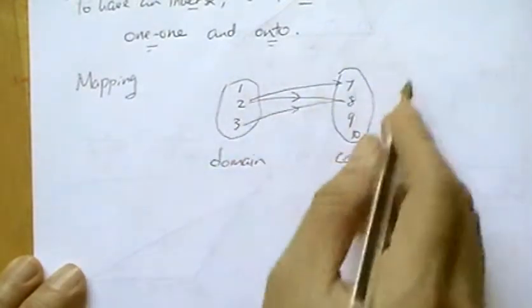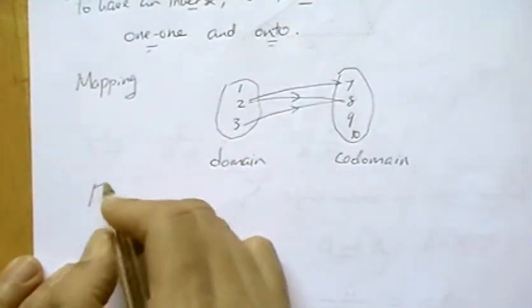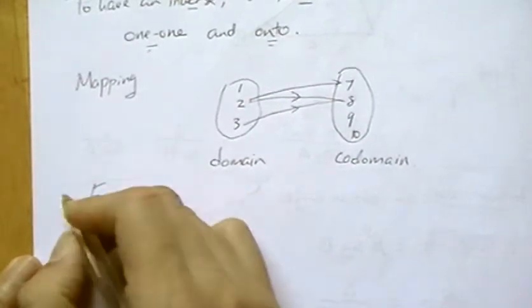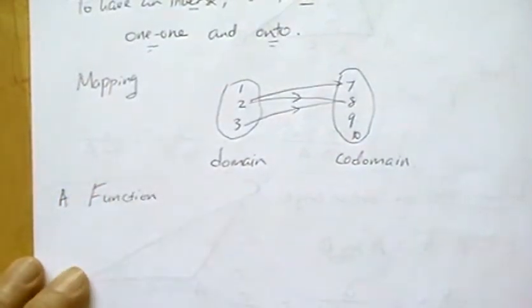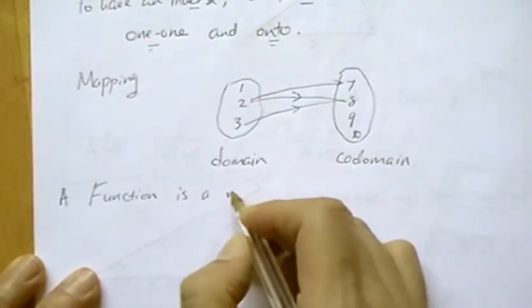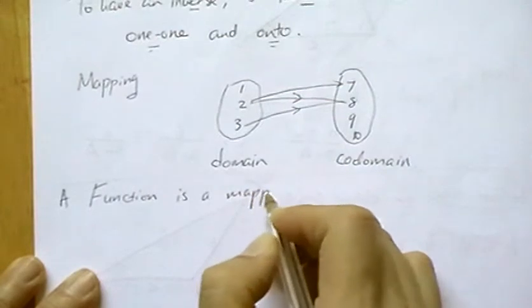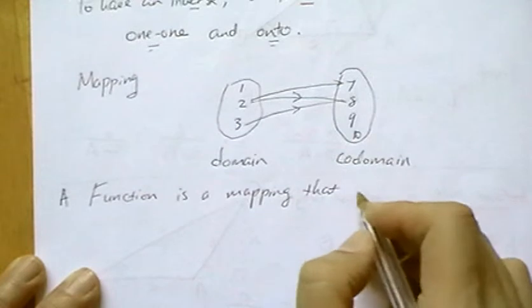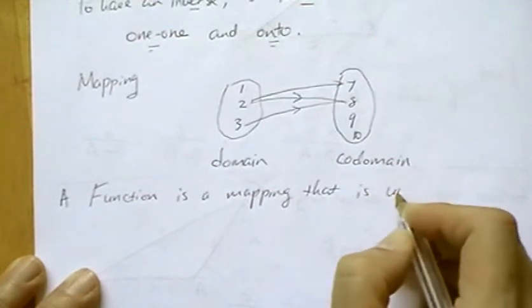And this idea allows us to define the meaning of a function. A function is a mapping that is unique.